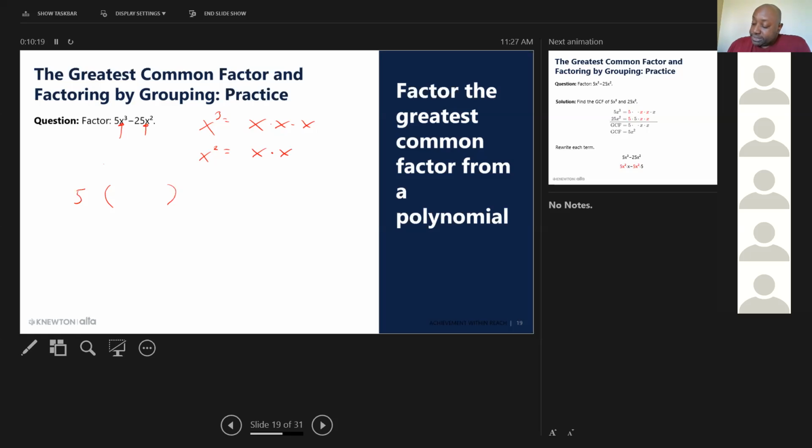So when I ask myself what is their greatest common factor, well, they both at least have x squared as a common factor.